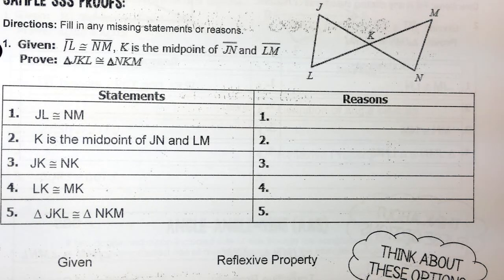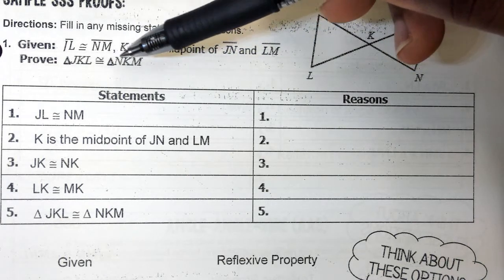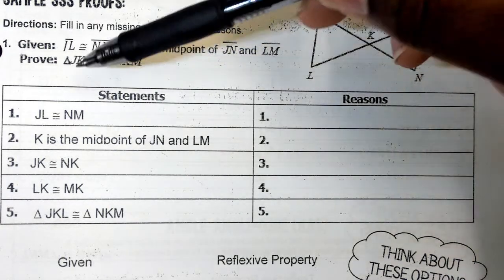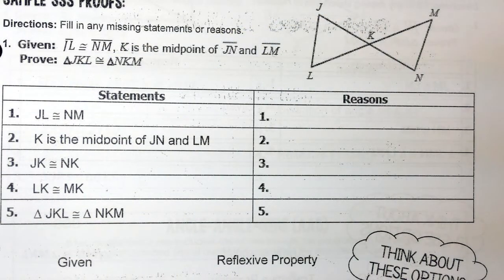If you look at this figure over here to the right, these two triangles connected in the middle by vertical angles, they didn't mark any sides or angles congruent on there. So we'll have to do all that for ourselves. But they did give us information over here that we can use, and we can mark that on the proof. It's called given information. They always start you out with something.